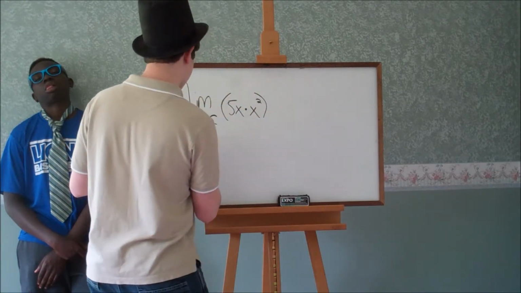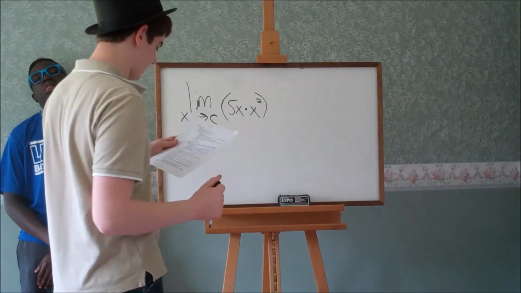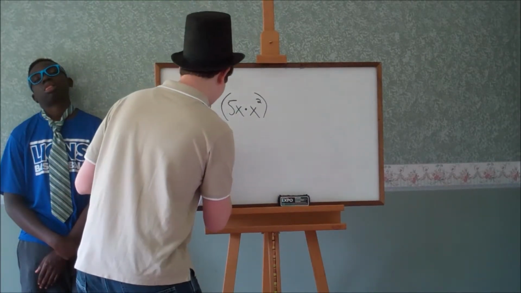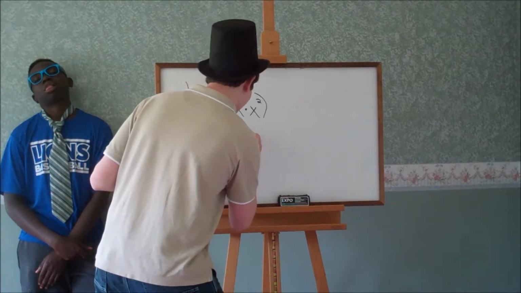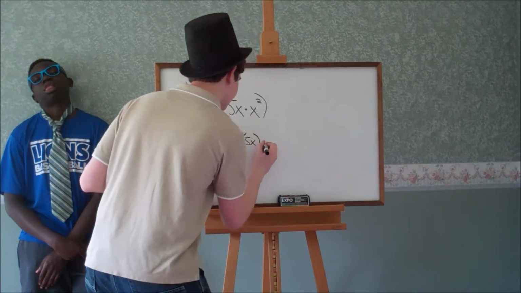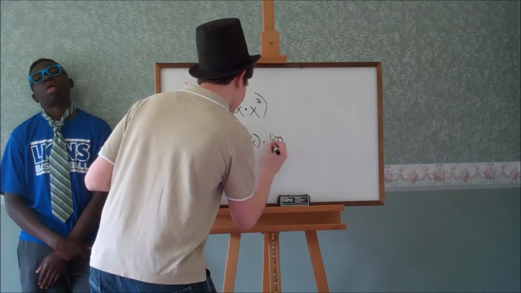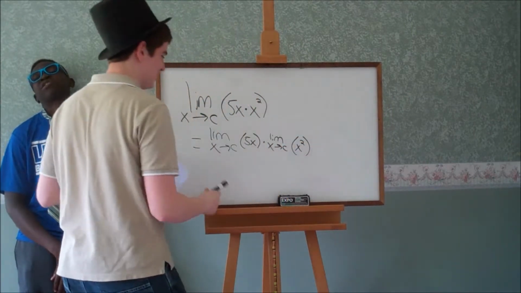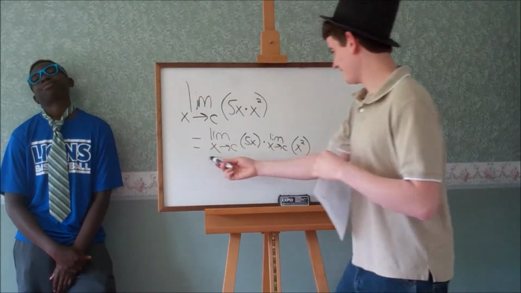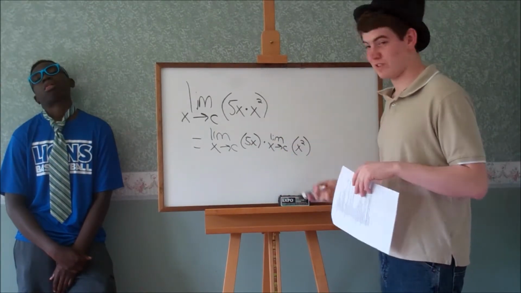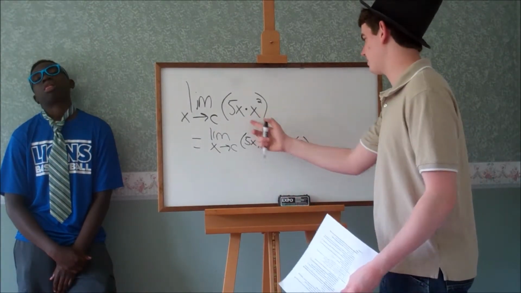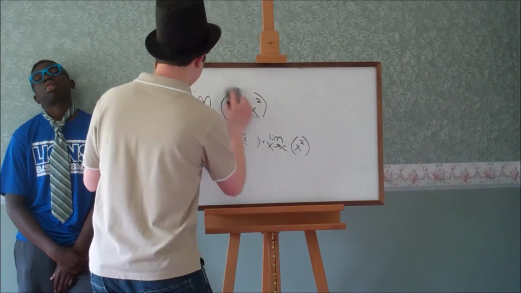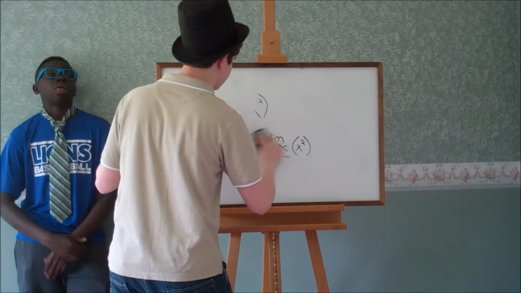I can separate those out, just like I did with the addition or subtraction ones, and do the limit as x approaches c of 5x multiplied by the limit as x approaches c of x squared. So you can do the same thing like you did with the addition or subtraction, but put the times. Pretty interesting stuff, no?